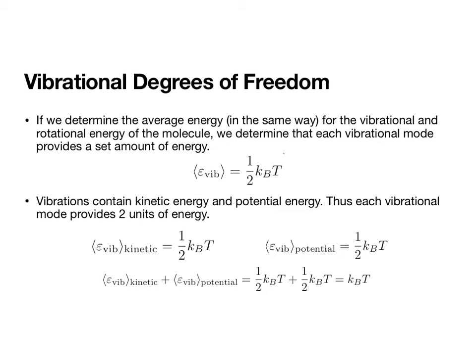And we find that for each form of motion, we get 1/2 kBT. But we have to think about how each vibrational mode is going to provide 2 units of energy. So we have this kinetic component and this potential component. And so the average energy from vibration becomes kBT.